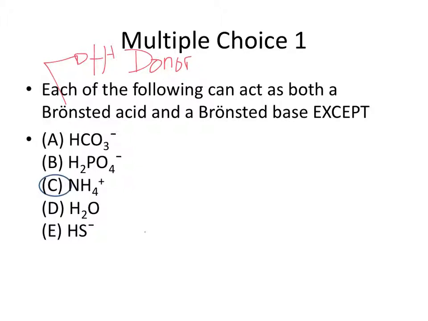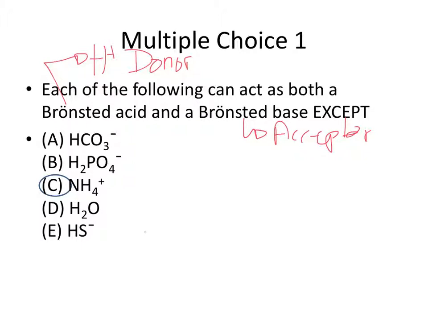And a Bronsted base is a proton acceptor. Now, how many of these have an H that it can donate? Every single one of them. But here's the problem. How many of them can accept an H? Only 4 of them.